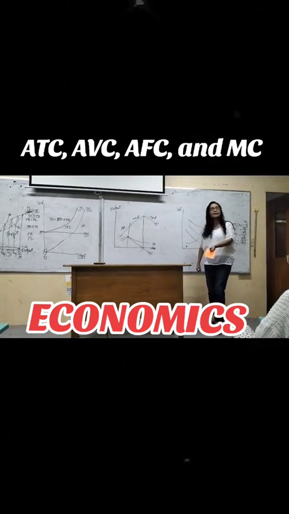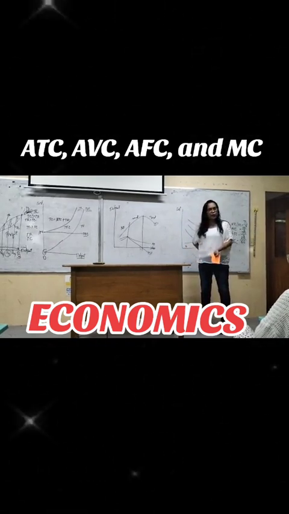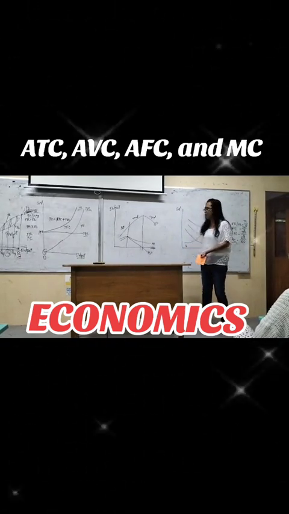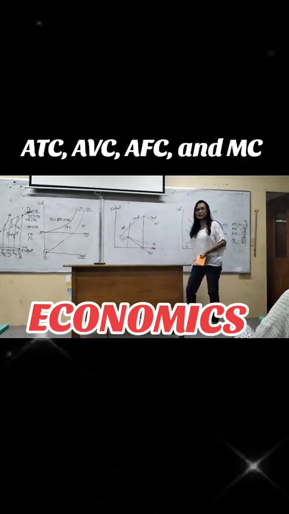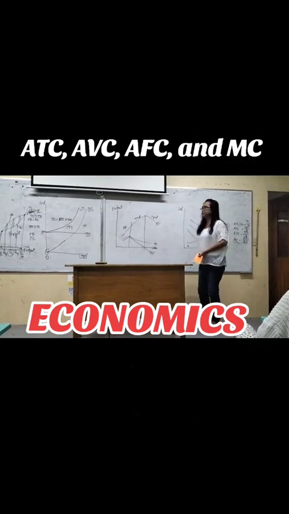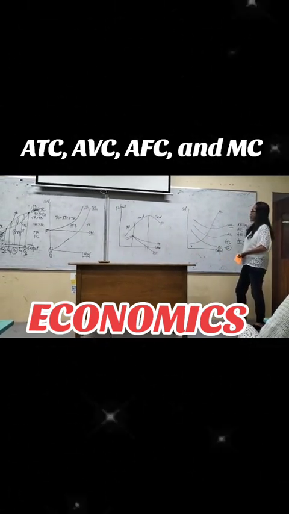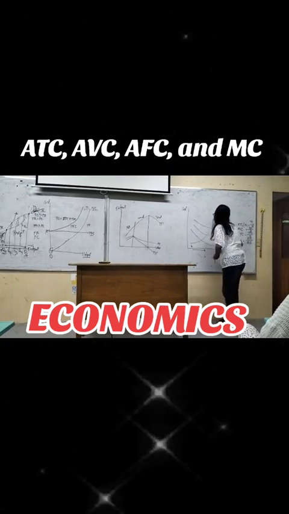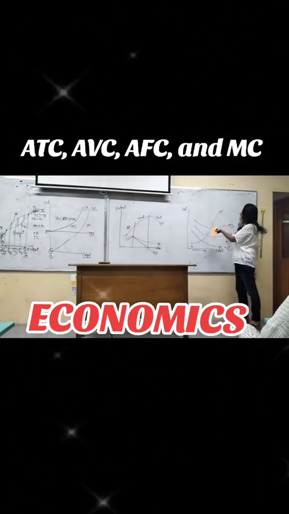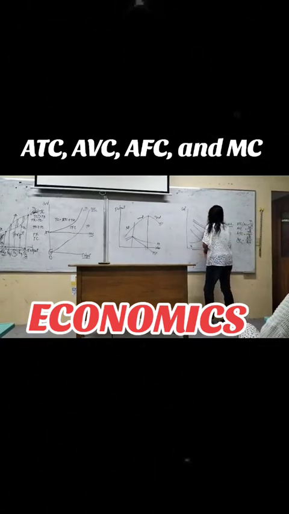The first stage is an increase in output, or we call it increasing returns. The second stage is the decreasing returns, and the third stage is negative returns. You can see in our average total cost, at first, in producing output, your average total cost decreases.